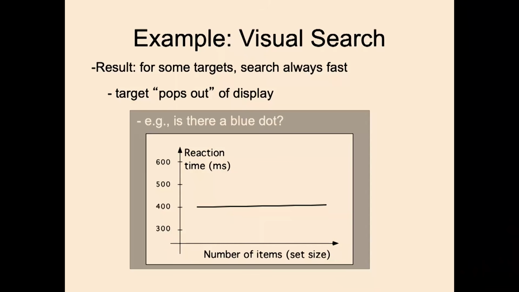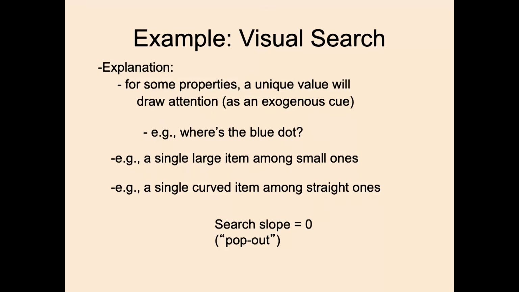Okay? And so these cases where the target so-called pops out are indicated by results graphs that are flat. So the reaction time doesn't change with the number of items in the display. Okay? So there's typically situations where there's some unique value of like an elementary feature.